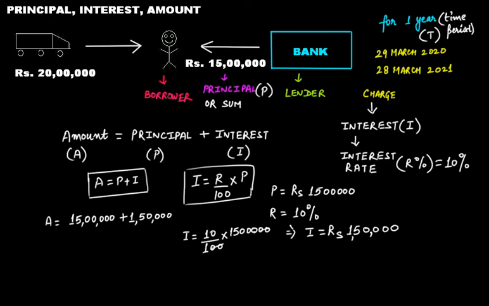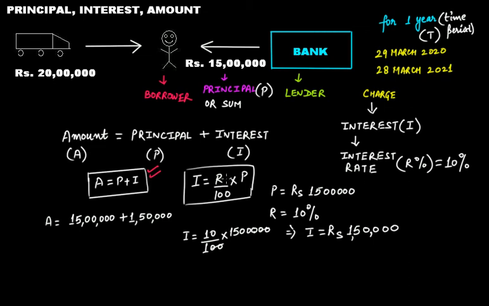So remember these two formulas. This is the total amount that you have to pay back to the bank by the end of 1 year, and that is principal plus interest. Interest is always on this principal amount, and in order to calculate the interest, you'll have a rate, a rate percent interest rate.